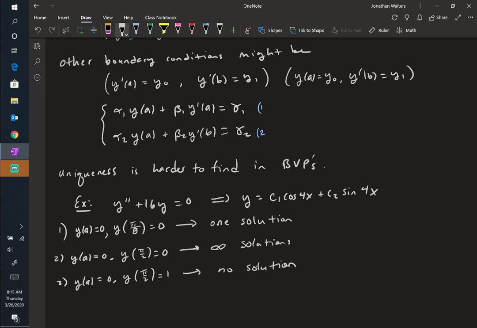So depending on your conditions, you might get many solutions, no solution, or one solution. So that's our boundary value problem.